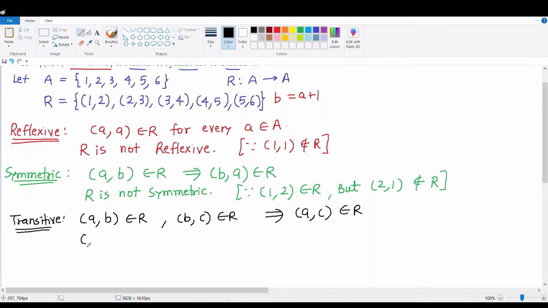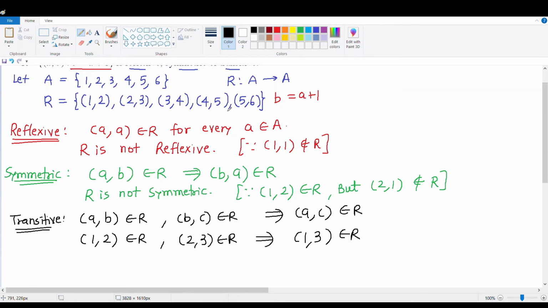Let's look here. (1, 2) belongs to R. We can see that. So we are taking a equals 1, b equals 2, and then (2, 3). We can see that (2, 3) is also in R. So again, our b was 2, here same, b is 2, and we are taking c equals 3. That is also in R. But can you see (1, 3) in R?